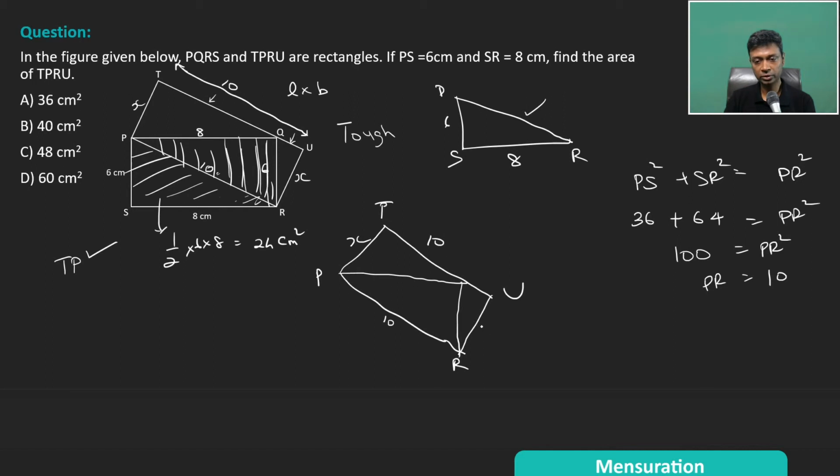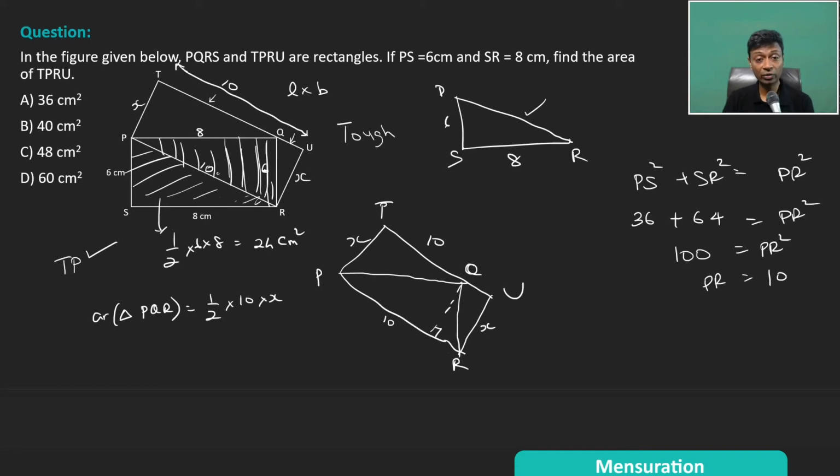This is X. This is X. Now, let's say this point is Q. Area of triangle PQR is half into 10 into X. The height here will be equal to X. Half into 10 into X is area of triangle PQR.